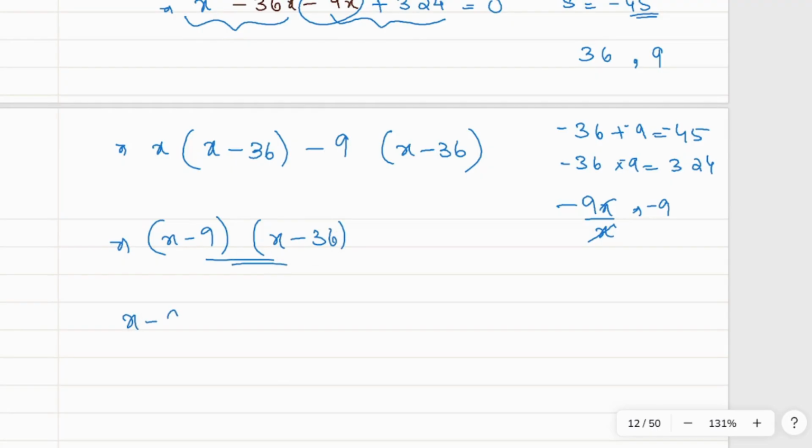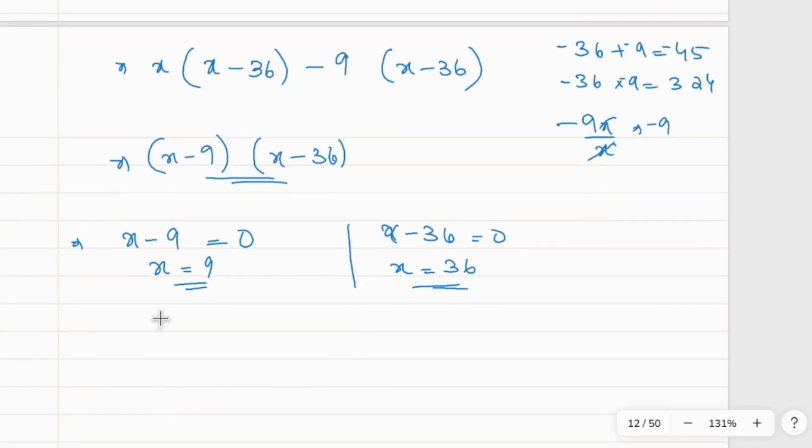Thus we got the values for alpha. To find alpha, x minus 9 equal to 0, therefore x equals 9. And x minus 36 equal to 0 means x equals 36. Thus the values of alpha and beta are 9 and 36.